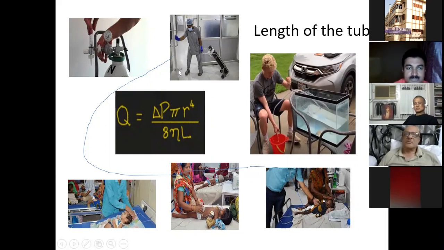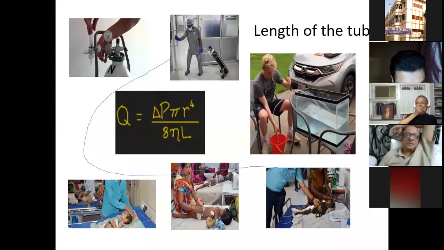So with a flow meter of, for example, 5 liters here, this baby will get 5 liters. This baby will be getting around 3 liters, and this baby will be getting much less. So according to this Poiseuille's equation, merely increasing the length will not serve the purpose.